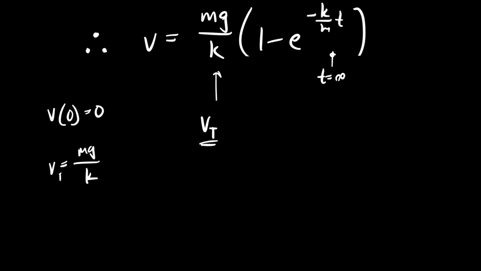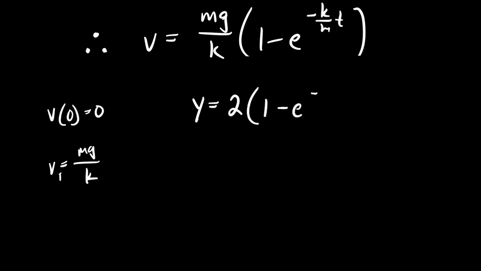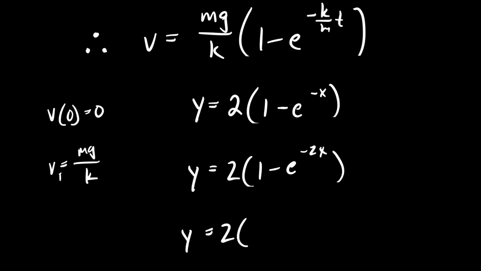I need you to do one more thing though, and this will involve your calculator. Turn off your stat plots. If you're in stat, you probably have them all activated.